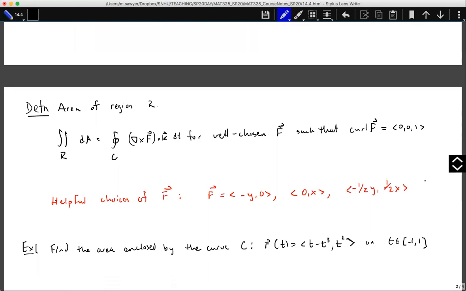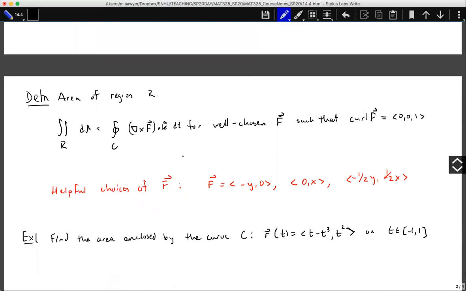So using the idea of the region, if we have an area of a region, from earlier on in calculus 3, we defined the area of a region to be the double integral over the region with the integrand of 1.